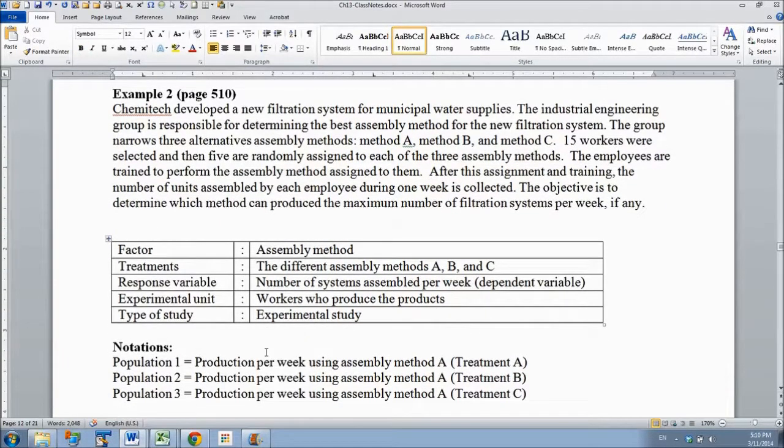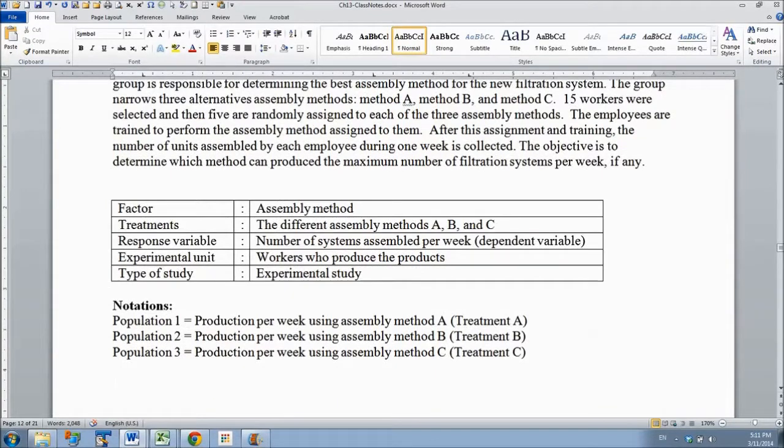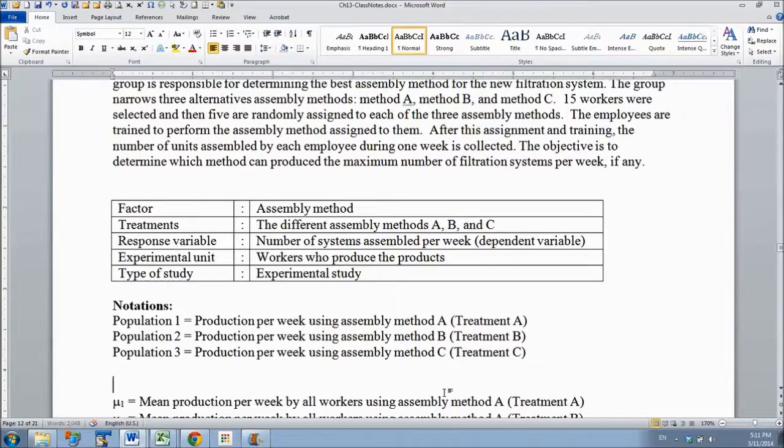Now some notations. So we have 3 assembly methods. So population 1 is the production per week for workers assigned to method A, and population 2 is assigned to method B, and population 3 is assigned to method C. Some more notations.